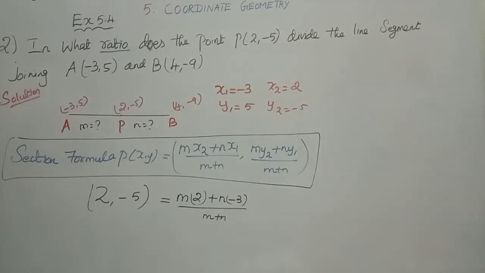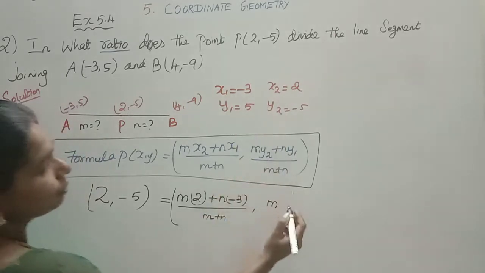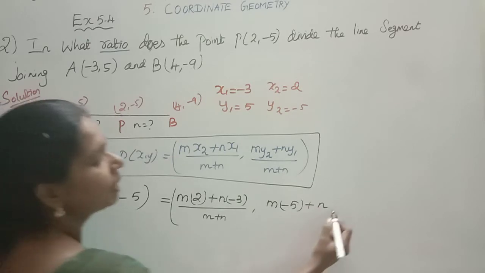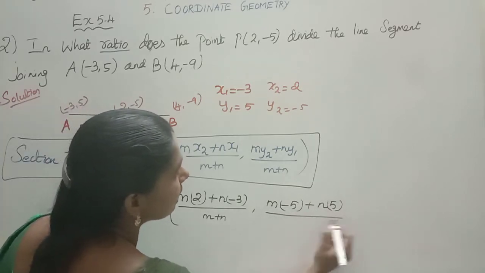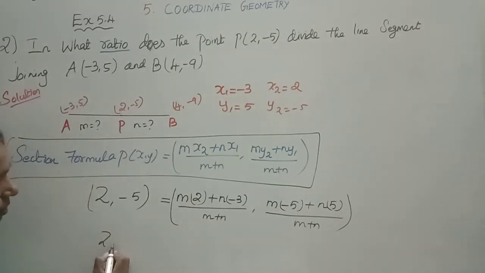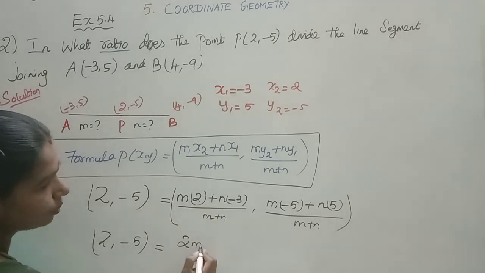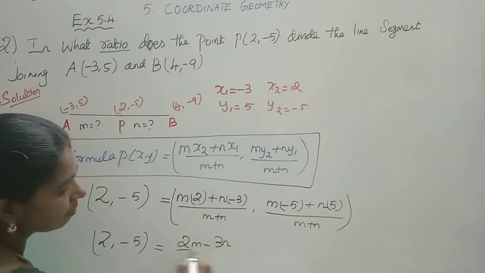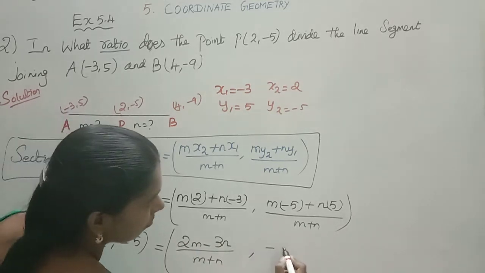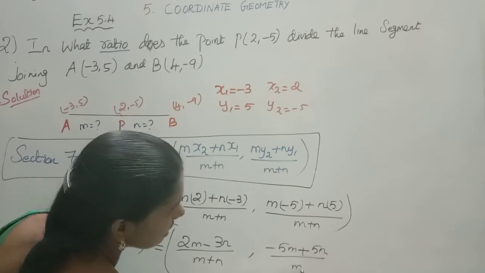Because we don't know m plus n, you write it as it is, comma, m into y2, 9, plus n into y1, 5, by m plus n. Now rearrange this. 2 comma minus 5 is equal to 4m minus 3n by m plus n, comma, 9m plus 5n by m plus n.